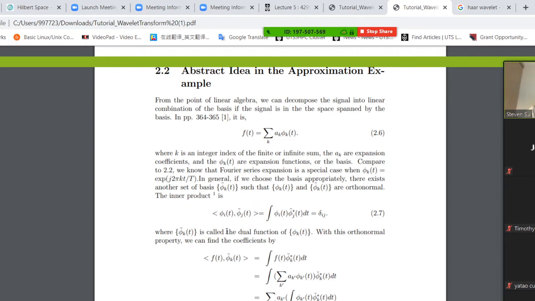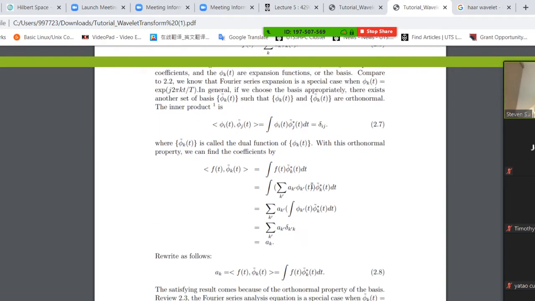Based on this, you can easily find the projection. For example, you want to calculate a_k. Rather than projecting on phi k, you project onto the dual orthogonal axis, and then do the calculation. Because they are orthogonal, it changes to 1, so you directly get a_k. That's a good property.